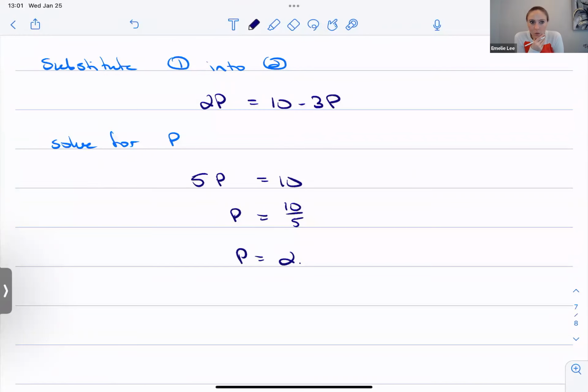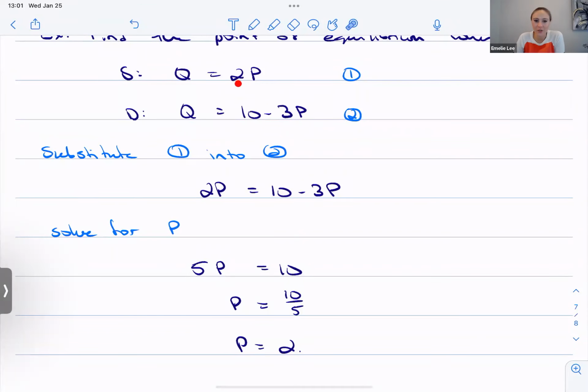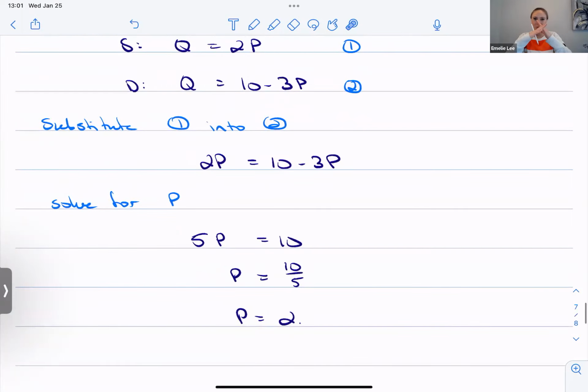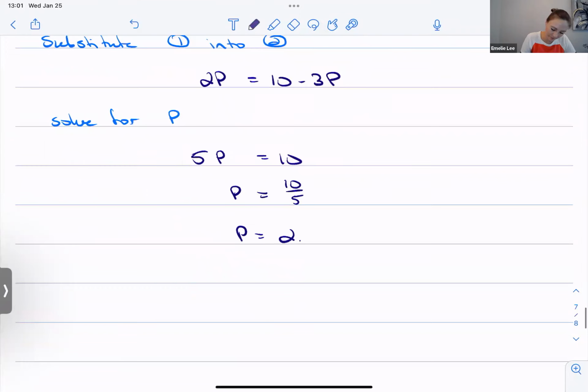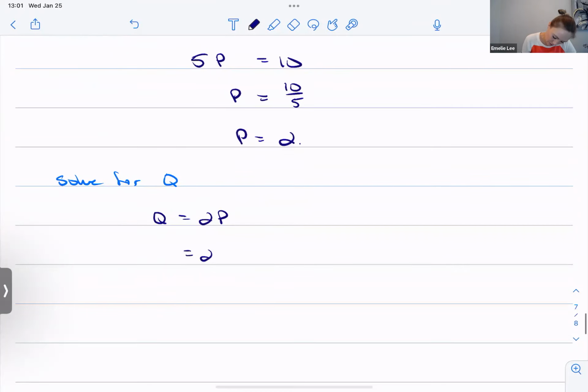If P is 2, then Q is 2 times P, which is 4, or 10 minus 3 times 2, which is 10 minus 6, which is also 4. So they have to match up. That's what the point of equilibrium is. So now, solve for Q. Q is 2 times P, which is 2 times 2, which is 4.